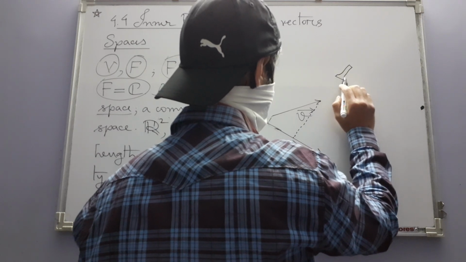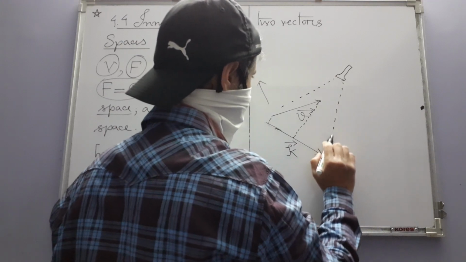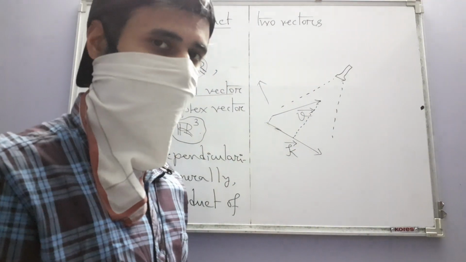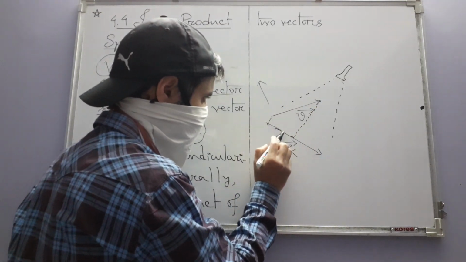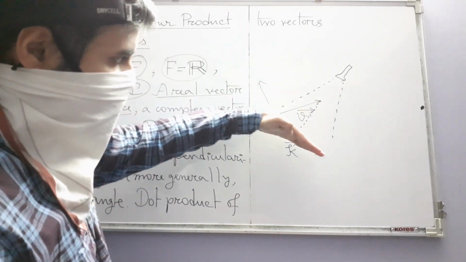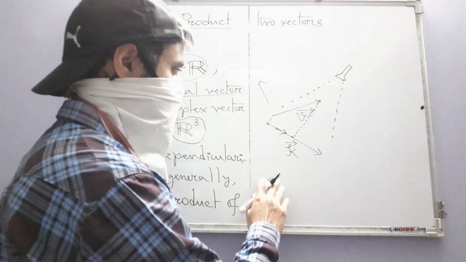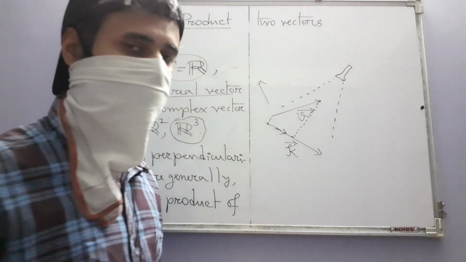Say you are holding the flashlight in such a way that the beam is perpendicular to k. Then you will get a shadow of this vector. This shadow is the component of this vector along the direction of k, which actually is the effect that this vector has in this direction.